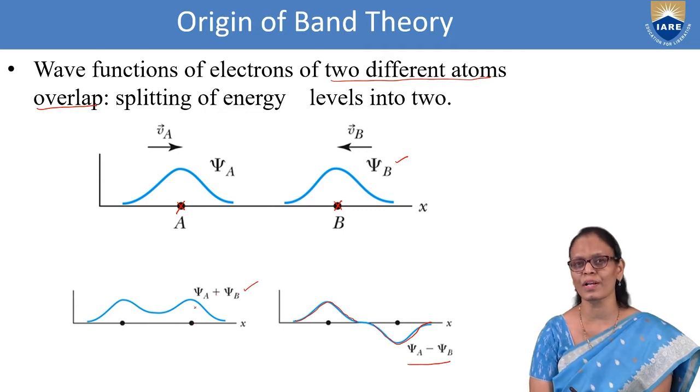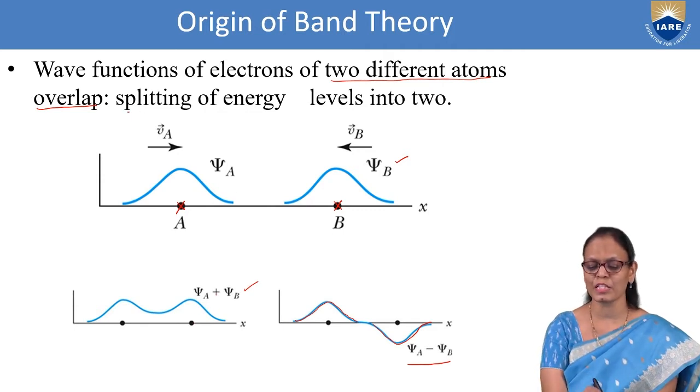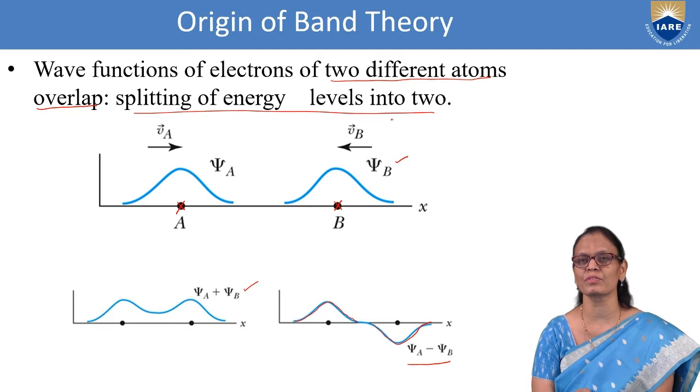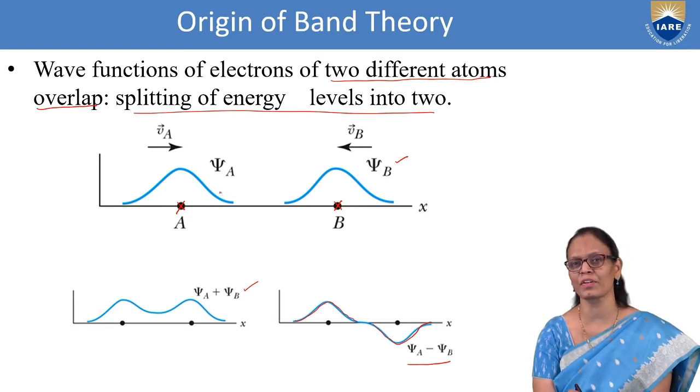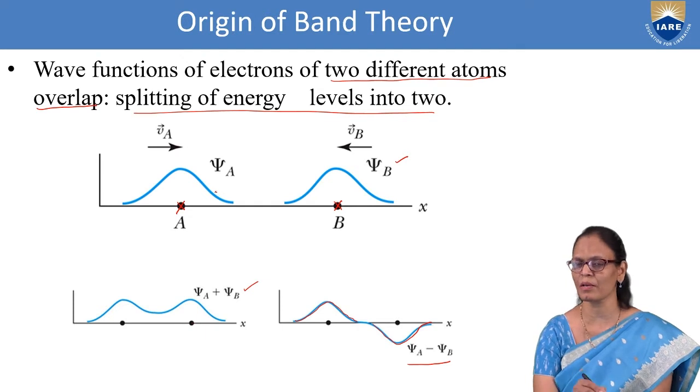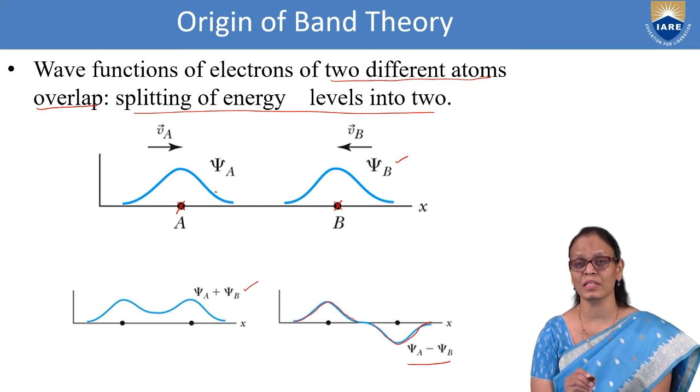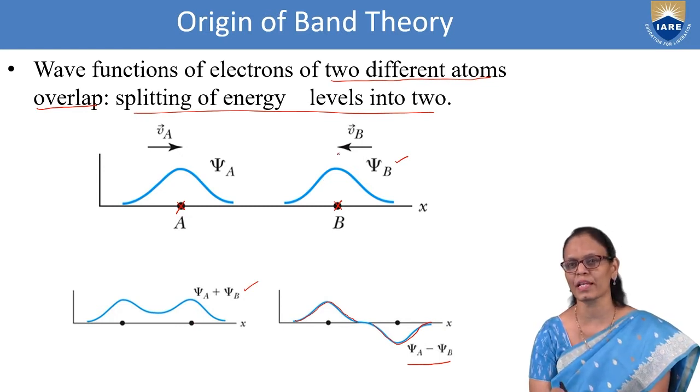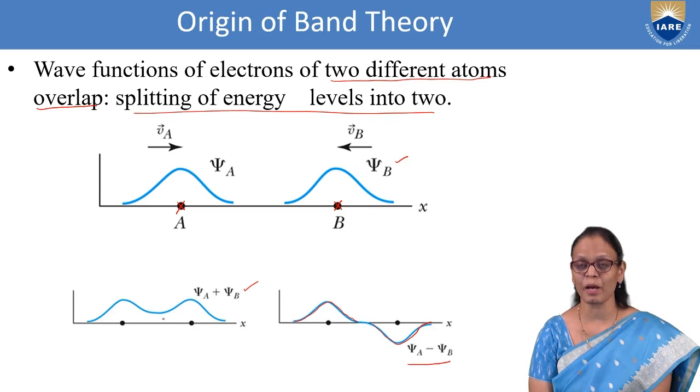Upon overlap, there is splitting of energy levels into two. We are talking about two different atoms which are in the same orbit. Same orbit in the sense, if this is in the first orbit or the second orbit, this is also in the same orbit, second orbit. So there is splitting because of this overlap.